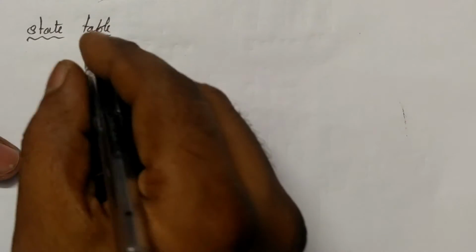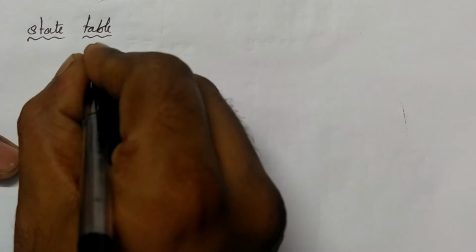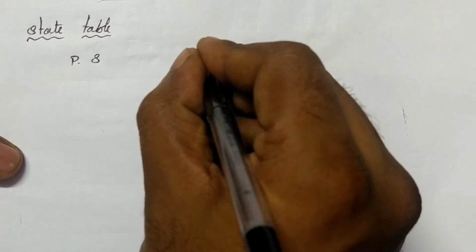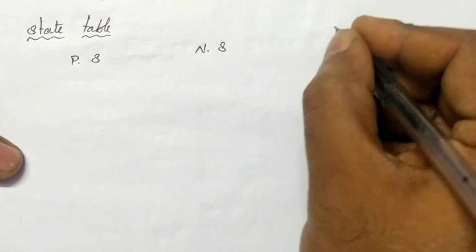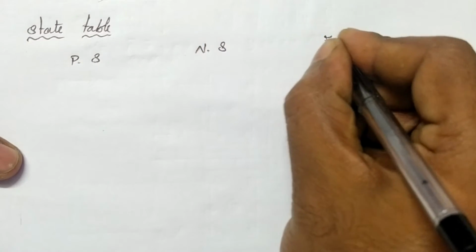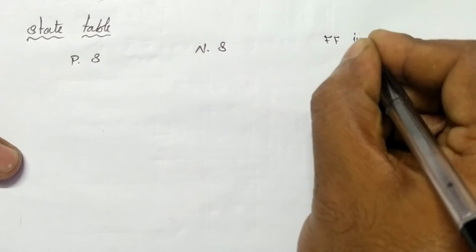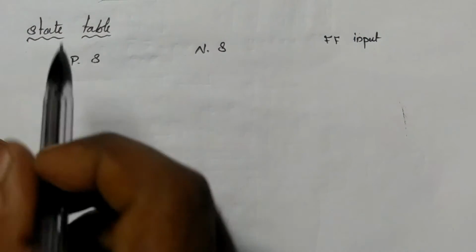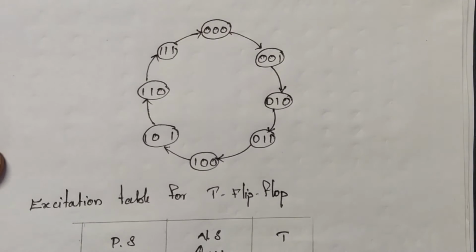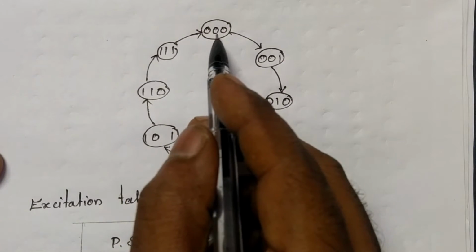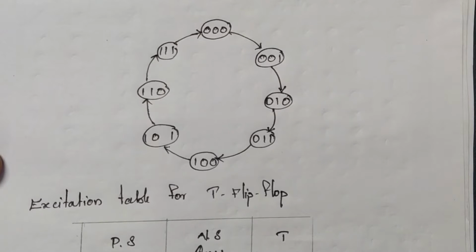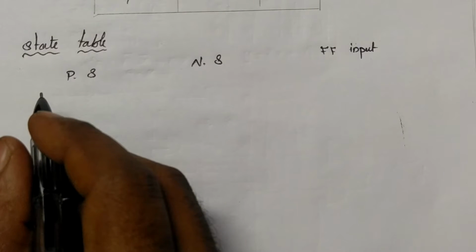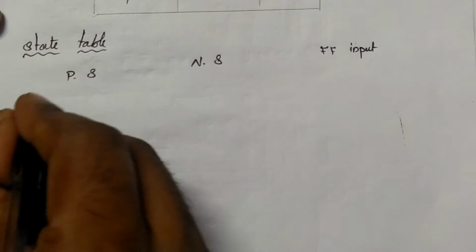In the state table, first we will have present state followed by next state, then flip-flop input. Here it's T value. So from the state, to represent each state we need 3 bits. Therefore, present state also we need to consider 3 variables.